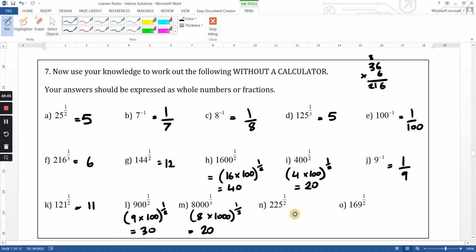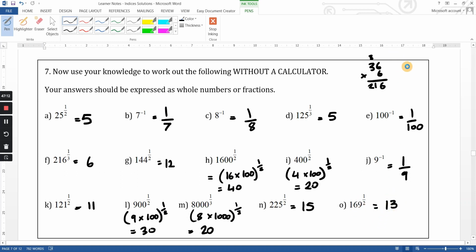Next one, square root of 225, that should be 15. If you're not sure, just open your squares and eventually you'll get 15 as your answer. Same for this as well, square root of 169, you should know, hopefully. If you don't know, it's absolutely fine. Again, just open your square numbers and it should be 13, I believe. Yeah, 13 times 13 gives you 169.